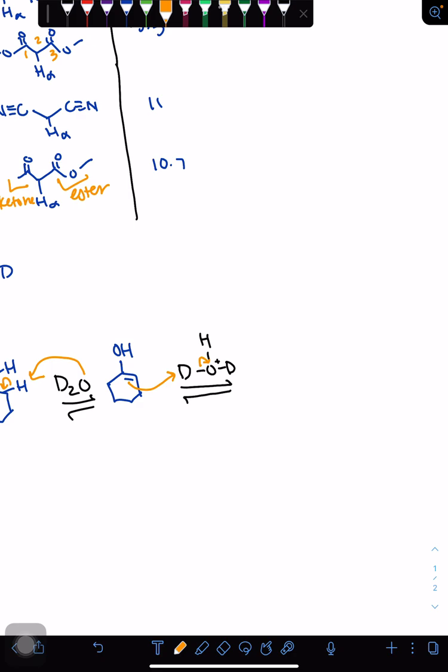And then this oxygen's lone pairs are going to go back to give us a double bond, to give us our final product with H3O plus in the end.